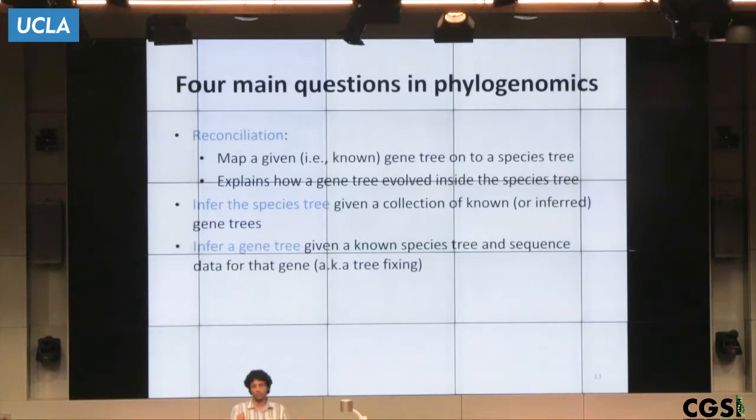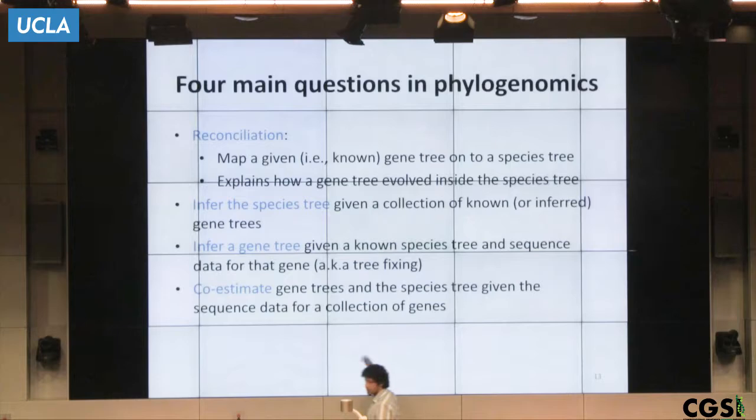So you are throwing your coin, let's say, 1,000 times. So it's going to be noisy. But remember that the gene tree is evolving inside the species tree. So if you have the knowledge of a species tree, you can try to use that to improve your estimate of the gene tree. This is something sometimes called tree fixing. So the input is sequence data for one gene and a species tree. You try to improve your estimate of the gene tree compared to if you had only the sequence data.